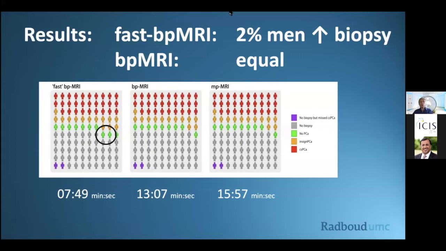However, if you use a fast biparametric MRI, you can see that there is an increase of men with a false positive diagnosis, so an increase of a false not needed biopsy in 2% and 1% increase of insignificant cancer detection. You also can see the reduction of imaging time from 16 minutes to 8 minutes, so a 50% reduction.